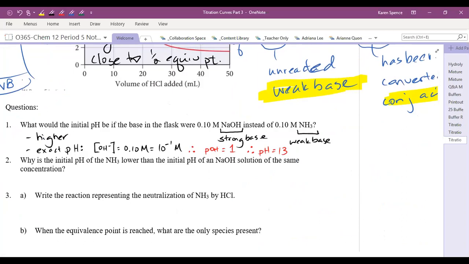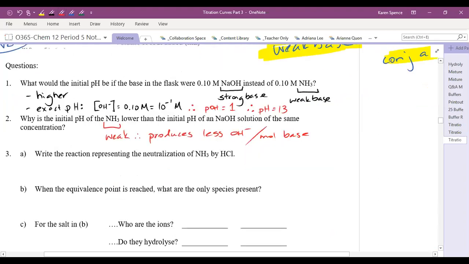I think that's fairly straightforward because this one is weak, therefore it produces less OH minus per mole of base.